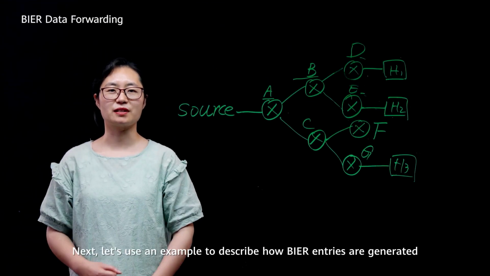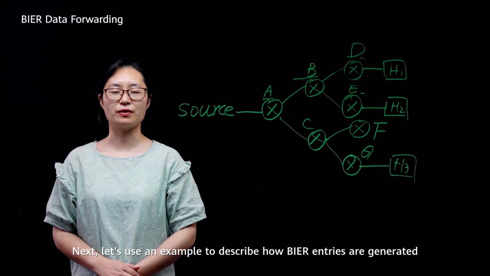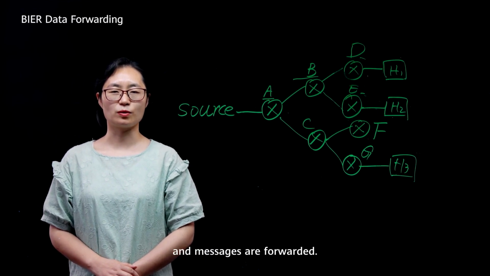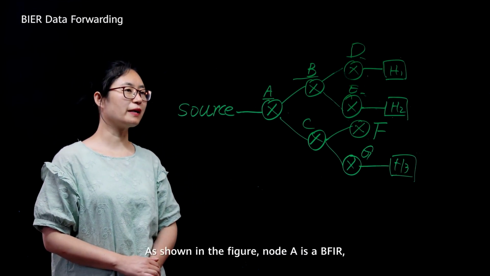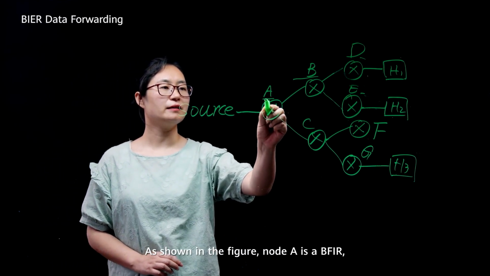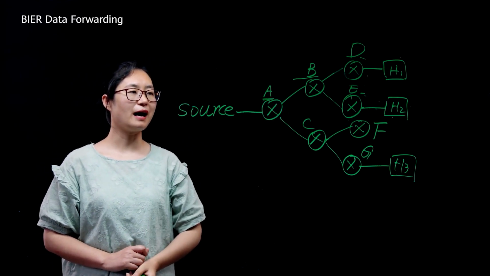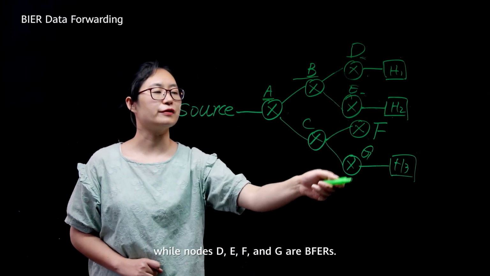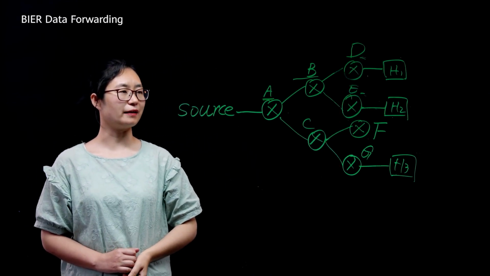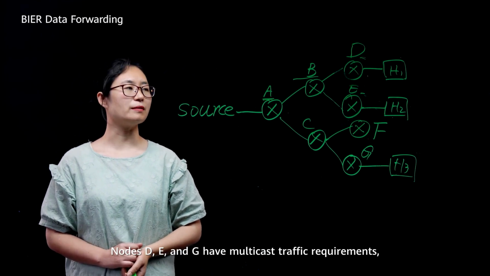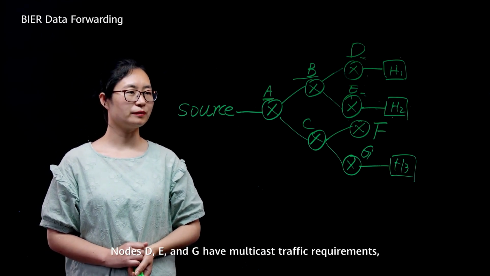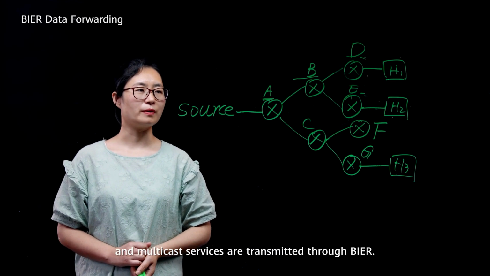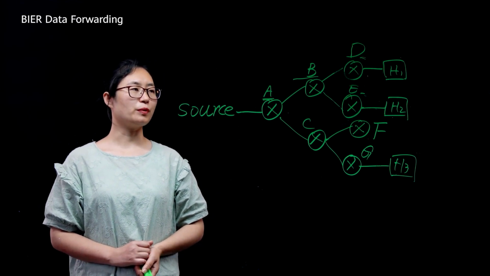Next, let's use an example to describe how BIER entries are generated and messages are forwarded. As shown in the figure, node A is a BFIR, while nodes D, E, F, and G are BFERs. Nodes D, E, and G have multicast traffic requirements, and multicast services are transmitted through BIER.